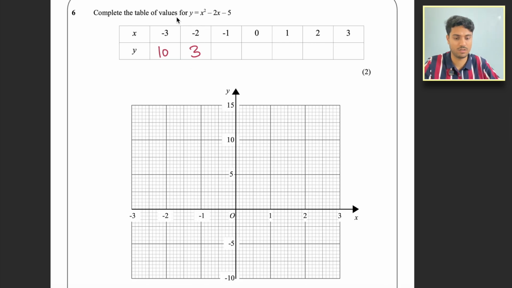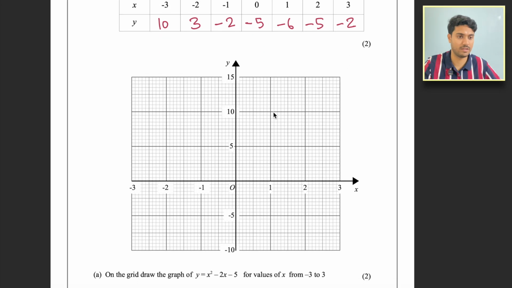At negative 1 we get negative 2. At 0 it will be negative 5. Then at 1 it will be negative 6. At 2 it will be negative 5. At 3 it will be negative 2.